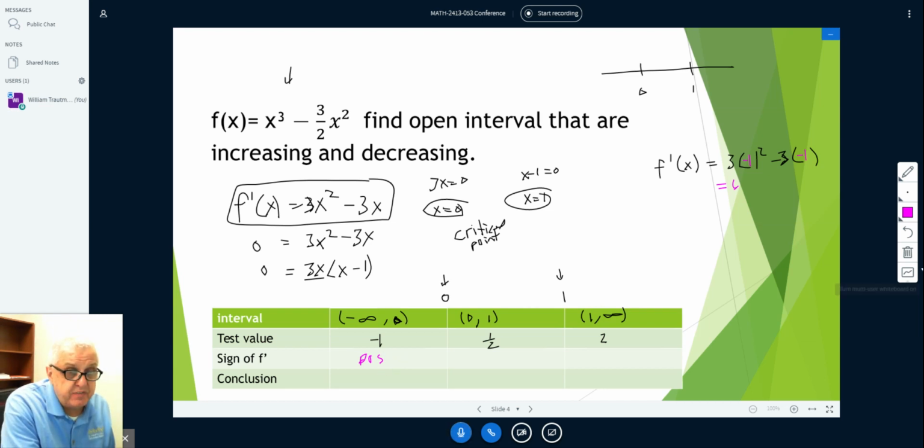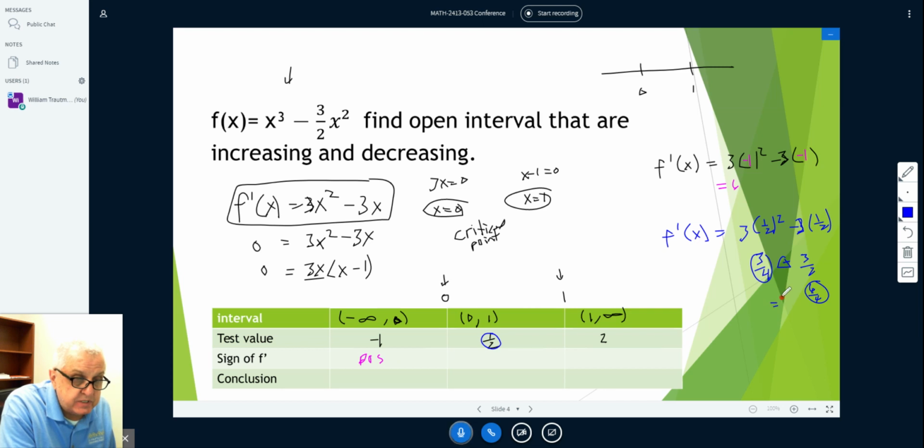Let's plug 1/2 into the next one, because that's my next test point. So I'm going to plug 1/2 in the first derivative. 3 times 1/2 squared minus 3 times 1/2. 1/2 squared is 1/4, so this is 3/4 minus 3/2. 3/2 is the same thing as 6/4. 3/4 minus 6/4 equals a negative 3/4.